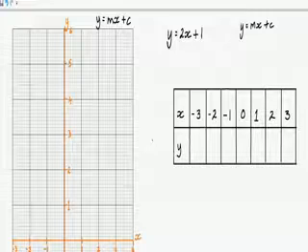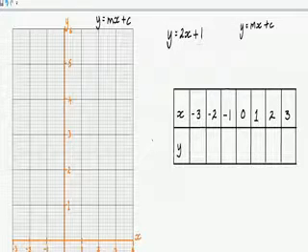Now this is just a general term. So for example, we've got a line here, y equals 2x plus 1. So you can see it's y equals something x plus or minus a number. Now, sometimes you may not have a number, but the general term is y equals mx plus c.